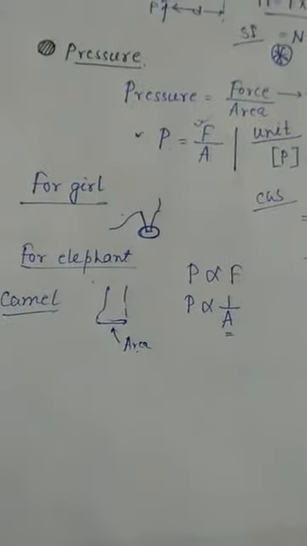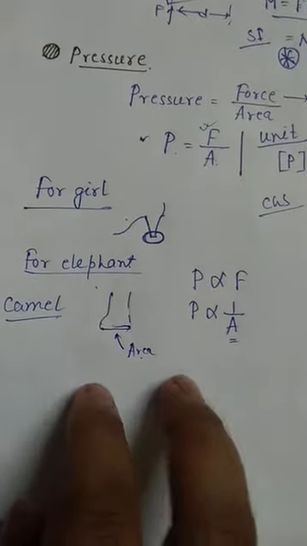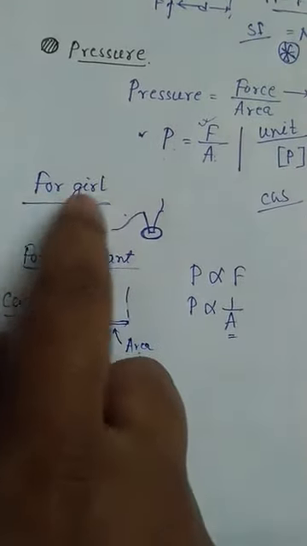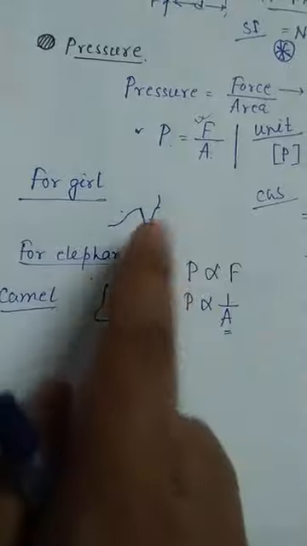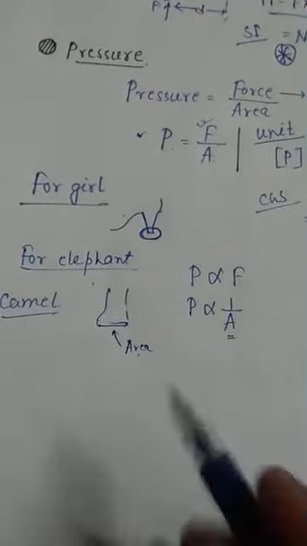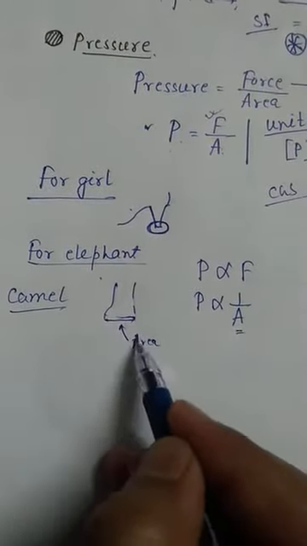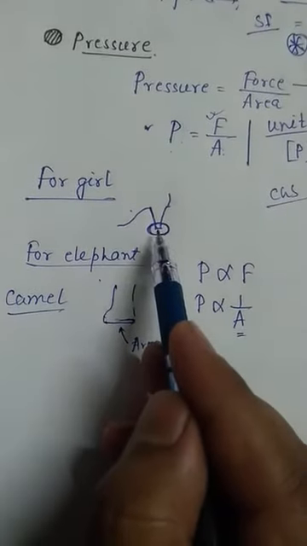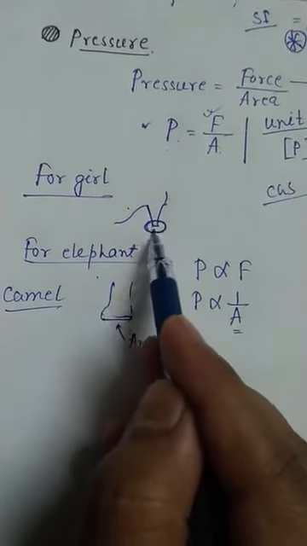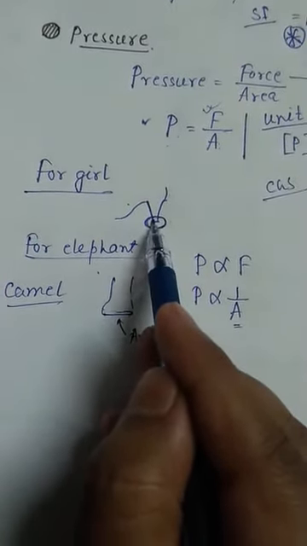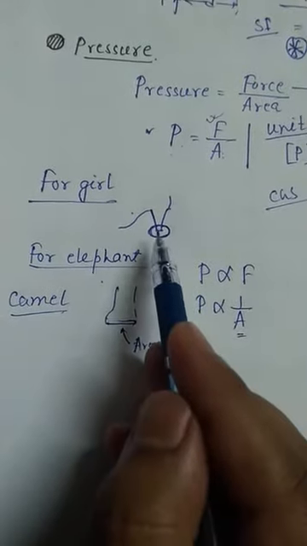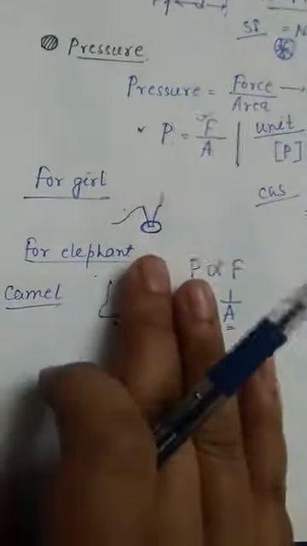Sometimes this is smaller than the pressure of the heel of a girl's shoe. So that means the pressure given by an elephant is less than the pressure given by the heels of a girl's shoe. Is it okay?